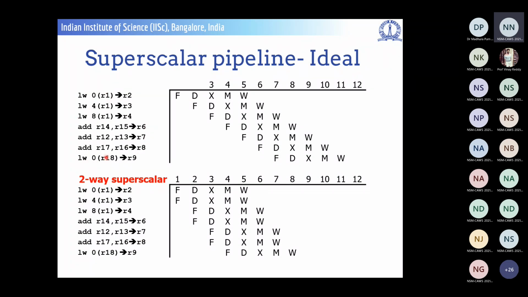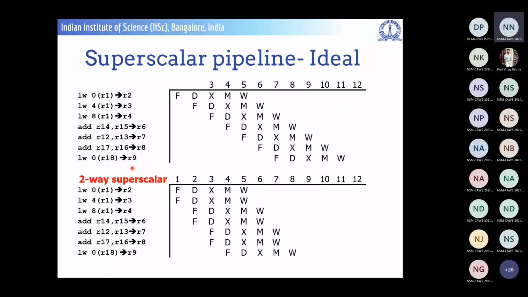So these instructions are independent, and if you apply a two-way superscalar, this will fit in nicely, because these two load instructions can now execute in parallel. They can enter the fetch stage, decode stage, execute, memory, and all these things in parallel. So nicely you'll see that your execution will end early because of this two-way superscalar.